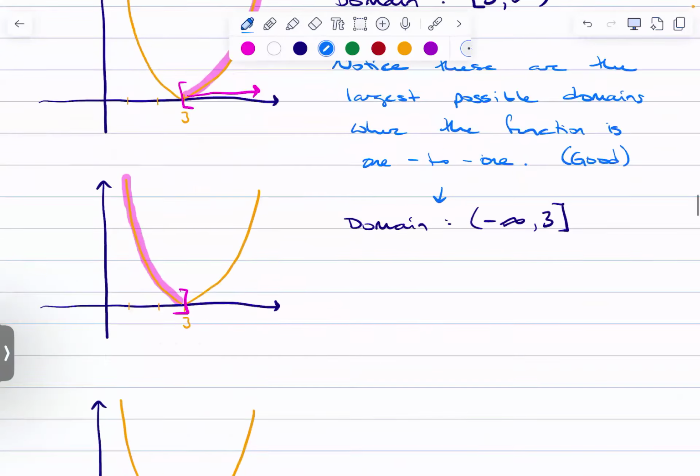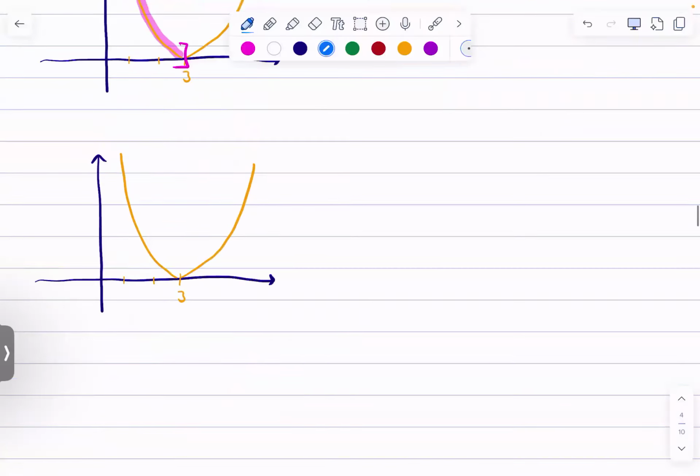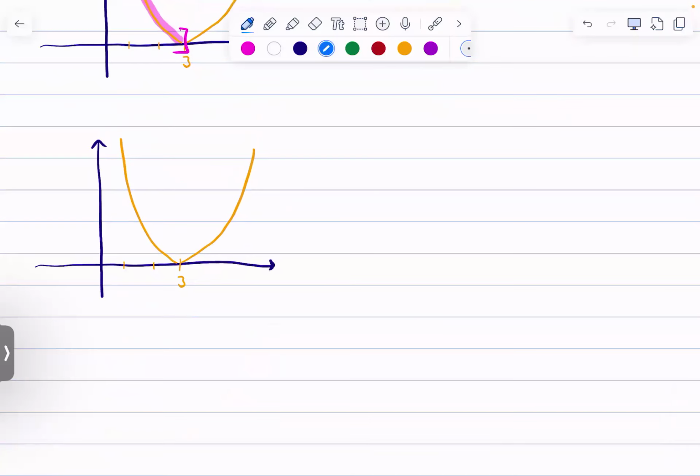Technically, if you were crazy, you could do something like, I don't know, 3 to 5. That's a restricted domain. And on this little path here, 3 to 5, even including 3 and 5, it is one-to-one there, but it's not the largest possible domain.